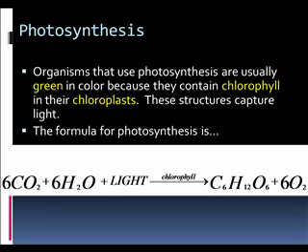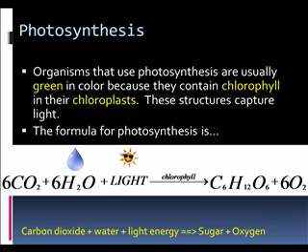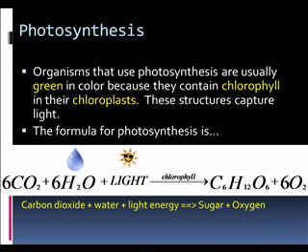So 6 CO2 added to 6 H2O and light energy inside of the chlorophyll gives off C6H12O6 and 6O2. So again, carbon dioxide gas, water, and sunlight give off glucose and oxygen. You will need to know that for the test, so make sure you're very familiar with the formula for photosynthesis.